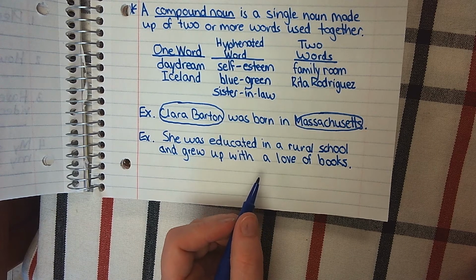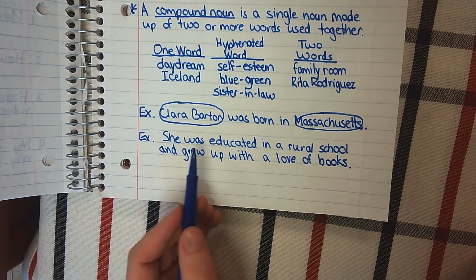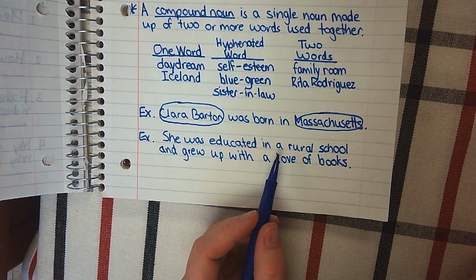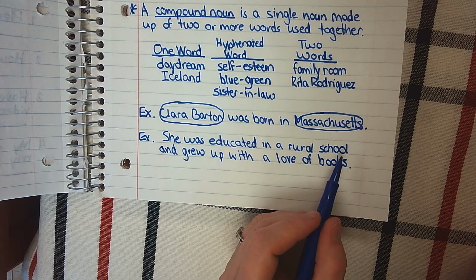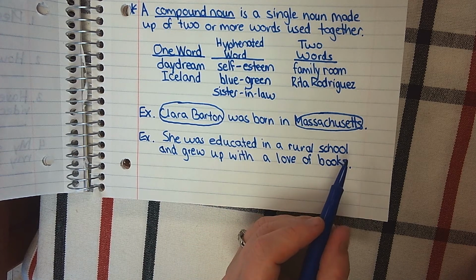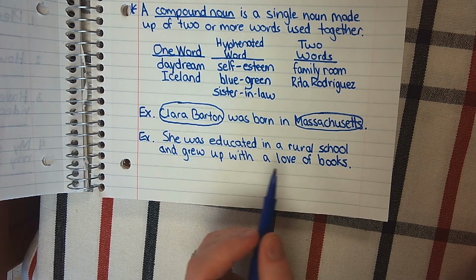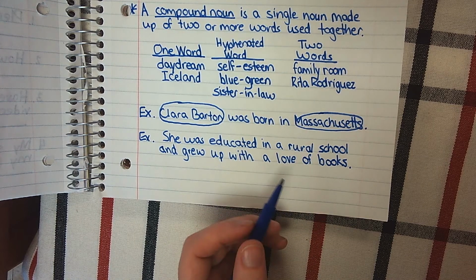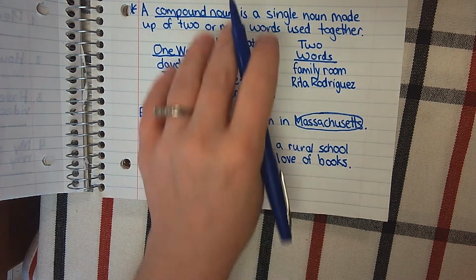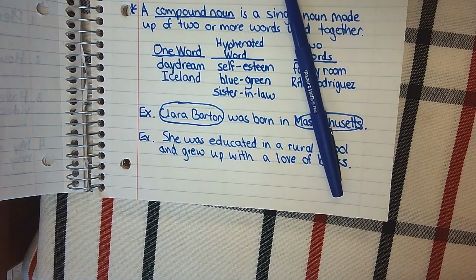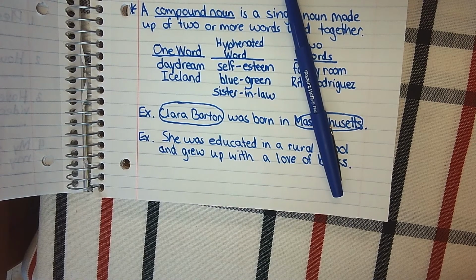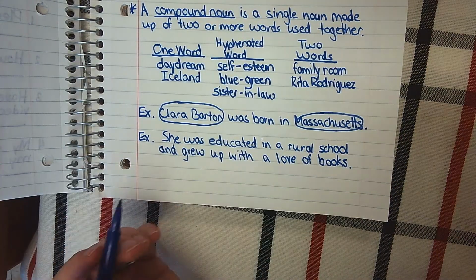Are there any places in this sentence? She was educated in a rural school, and school in this case is a thing, okay, but it's not a place. Grew up with a love for books, so no, not really. Okay, so what about things?